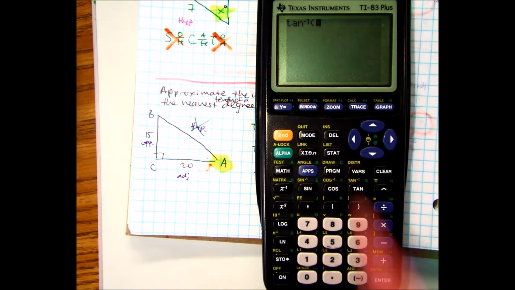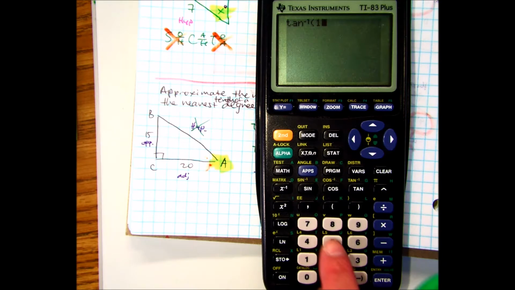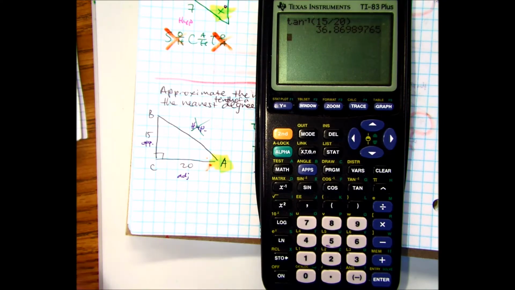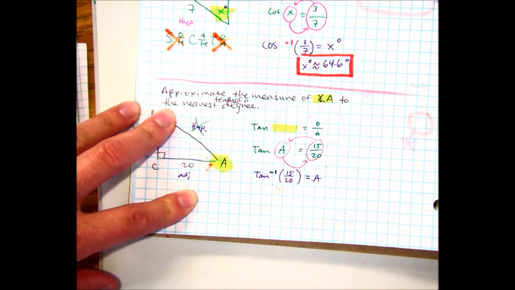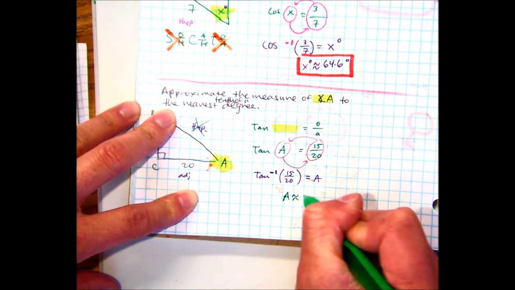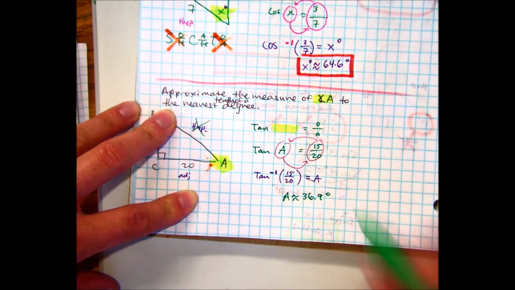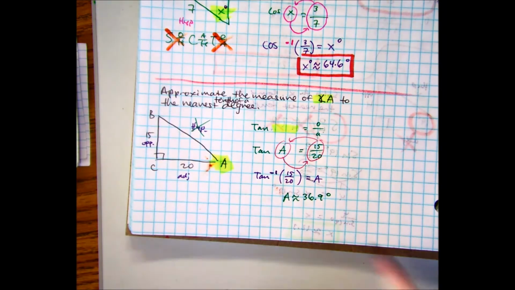Second tangent. John B, if I round that to the nearest tenth, what do I get? Echo? 36.9. A is approximately 36.9 degrees. Raise your hand if you got that.